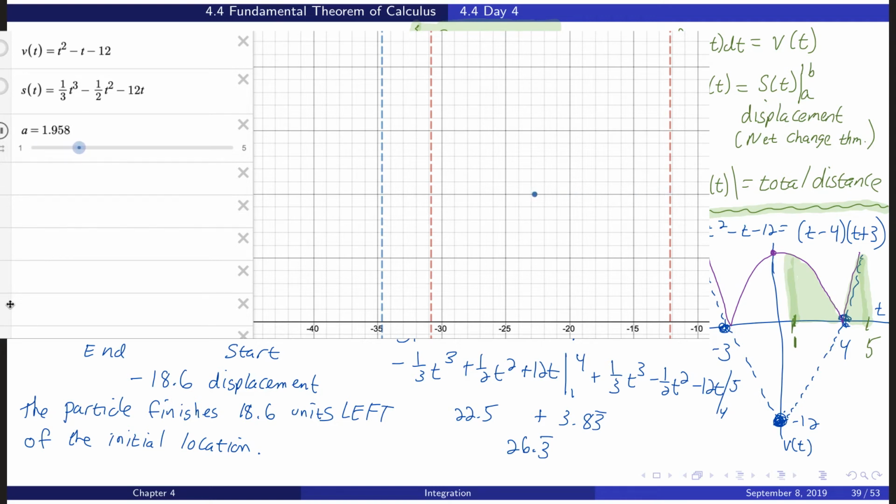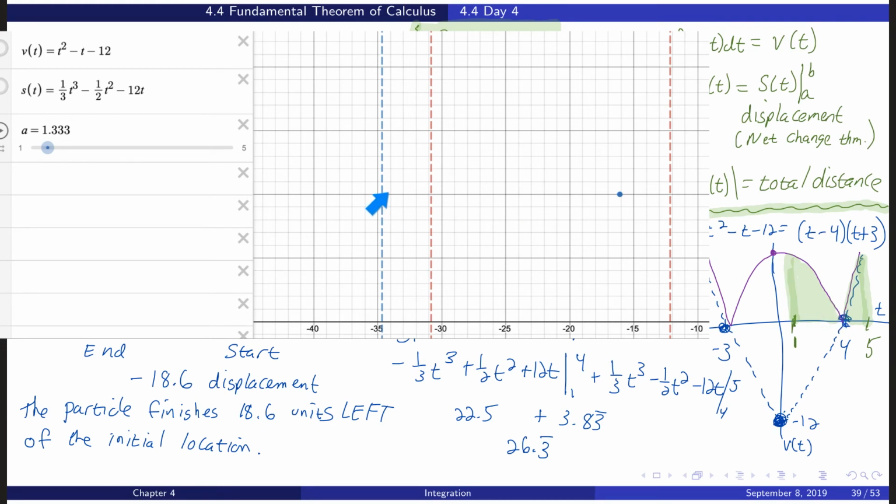When I play the function, the particle starts moving, and when it hits that blue dashed line, I can't pause it. I guess I can't pause the video, but what happened was this blue point hit that blue line at 4 seconds. That represents when the particle stops traveling left. The velocity was negative, which means it's traveling left. At 4 seconds, when it turned from traveling left to right, its velocity for an instant was 0.